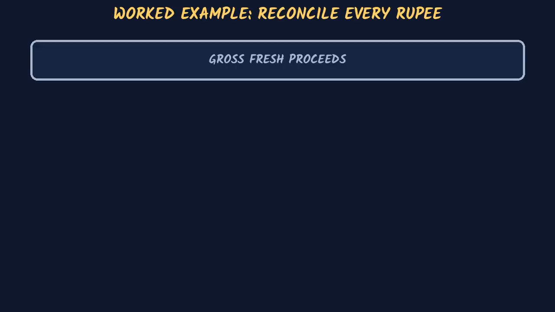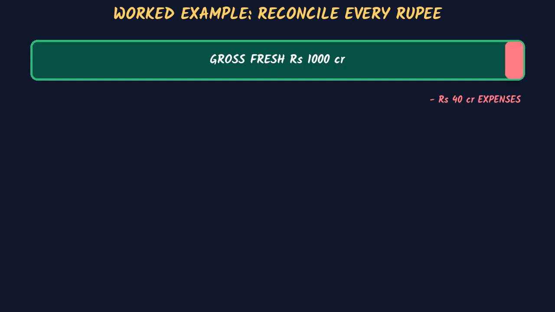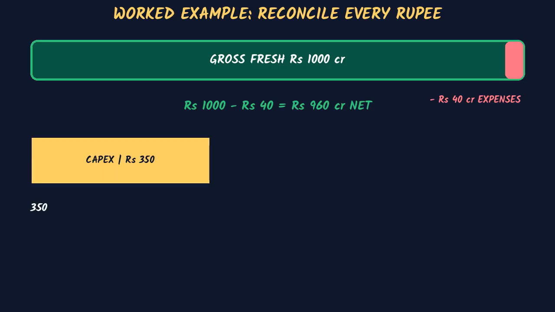Start with gross fresh proceeds, 1,000 crore rupees. Issue expenses come next, 40 crore rupees. Subtract those costs to get net proceeds, 960 crore rupees. Now allocate the net amount in order. Capex receives the first amount, 350 crore rupees.